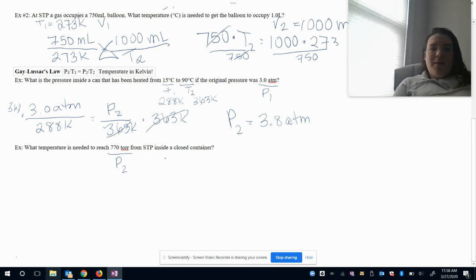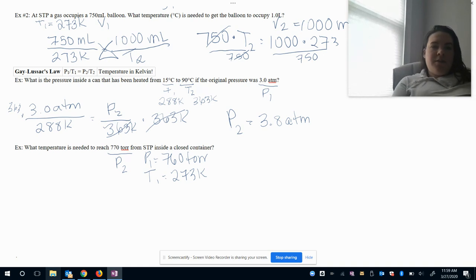So at STP, pressure will be 760 in torr from your reference page, and then temperature is 273. So this one, we know everything except T2, so we'll plug these in. So we've got 770 over, I'm going to do this backwards, P2, sorry, T2.